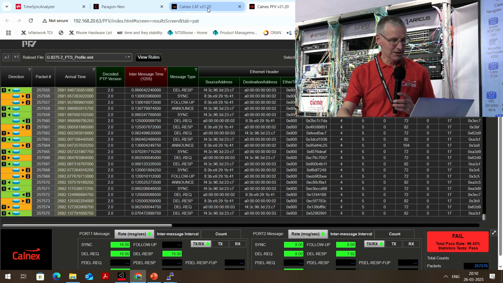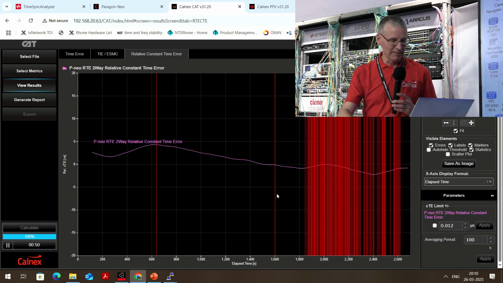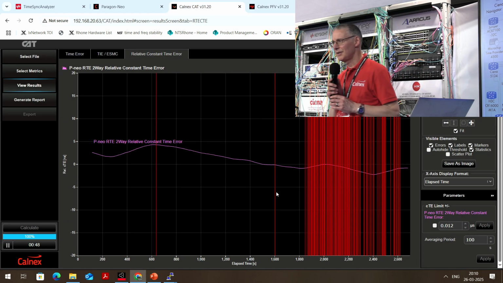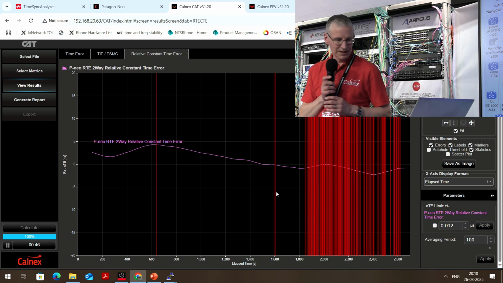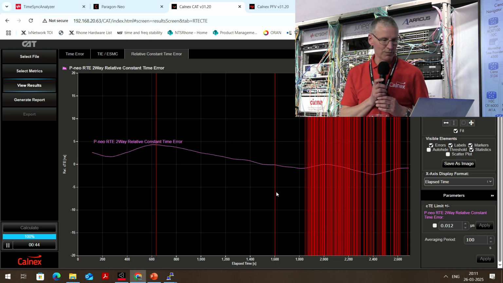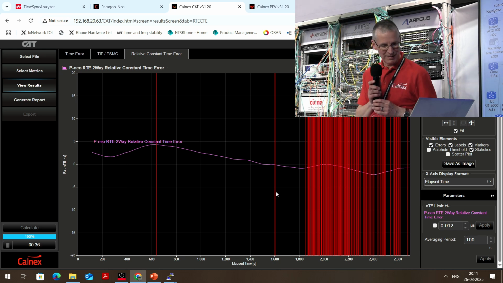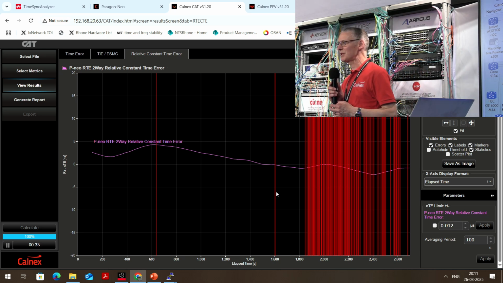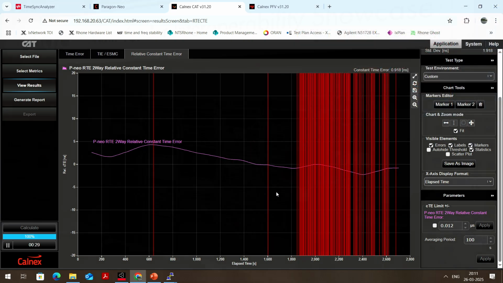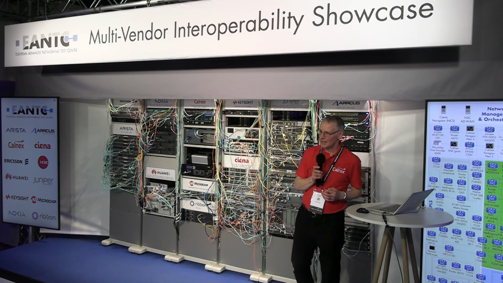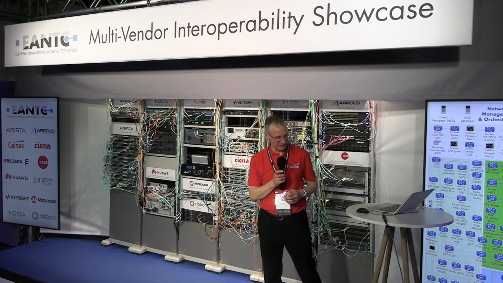Coming back then to the relative time error, as Sayantan was talking about, it is sitting in the region of plus 5 down to about minus 2 nanoseconds. Again, I'm sorry about the red lines. That's coming from some packets missing upstream of the test equipment. And with that, I'm going to hand back to Bjorna to summarize.